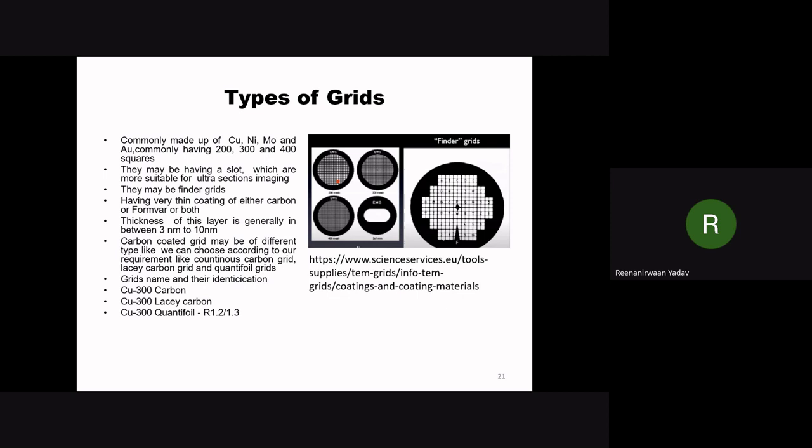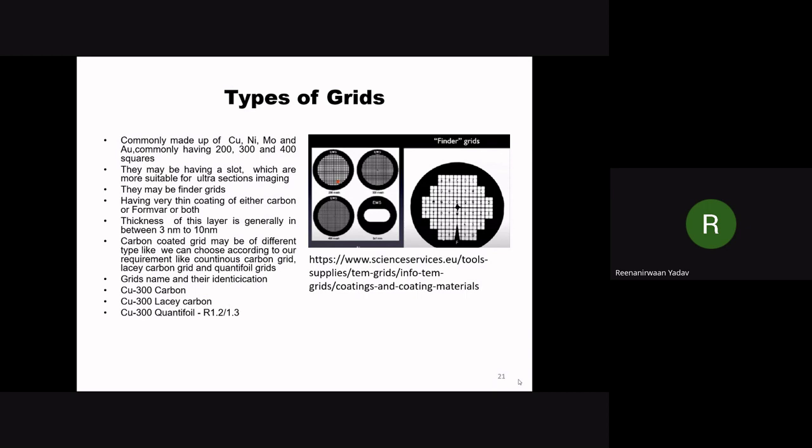So to put our sample inside the microscope, we need some kind of support. Like in light microscopy we use a glass slide, but in cryo-electron microscopy it is not possible to use a glass slide. So we use a metallic support, which we call a grid. It can be made up of either copper, nickel, molybdenum, or any other metal, or maybe gold.